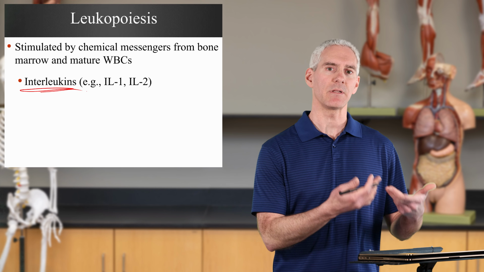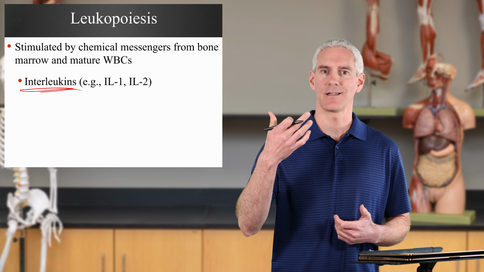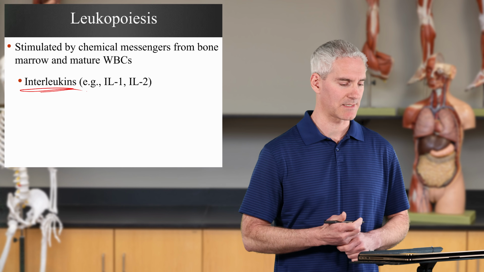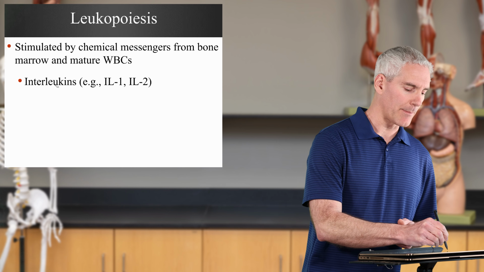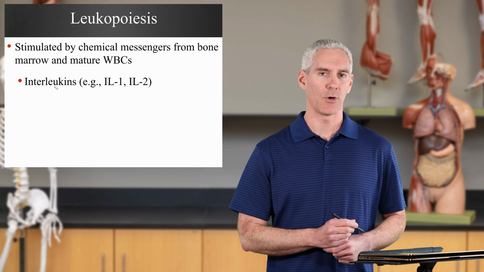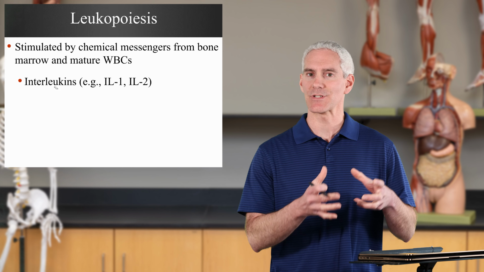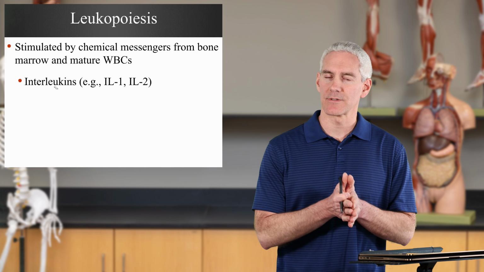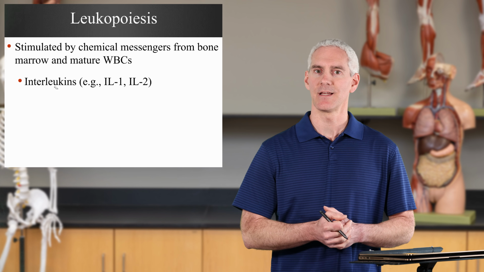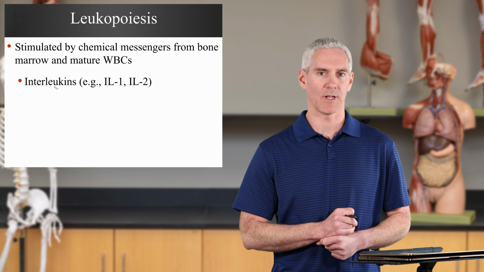They help stimulate the promotion and development of these white blood cells. Remember, they're coming from the red bone marrow, from that initial hemocytoblast, that first stem cell, that then differentiates into different paths depending on which white blood cell you're producing.